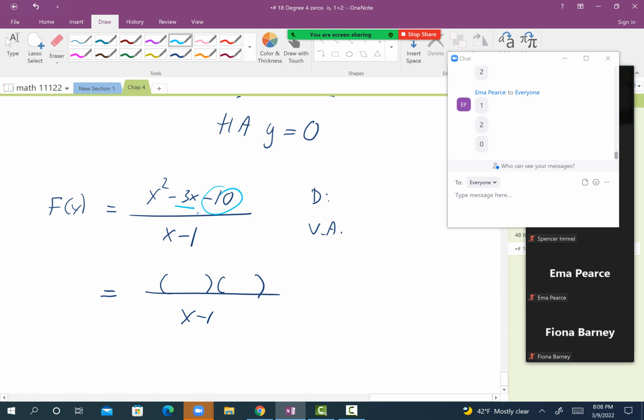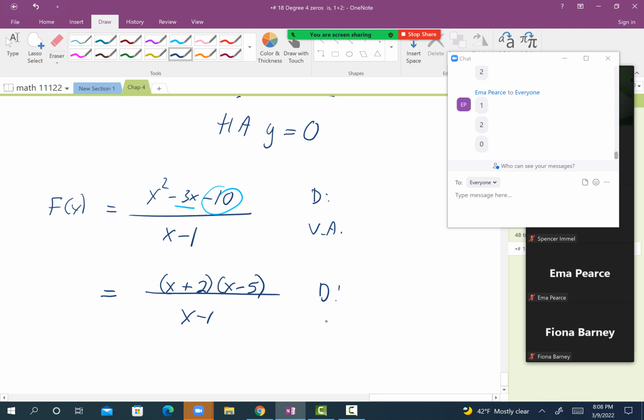They're going to give me a 3. Well, I know these are going to be x's here. -10, I don't have many options. I have 10 and 1 and 2 and 5. 2 and 5 are the only thing that's going to give me close to 3. So now it's in factored form. When it's in factored form, it is sometimes easier to figure out what's going on.